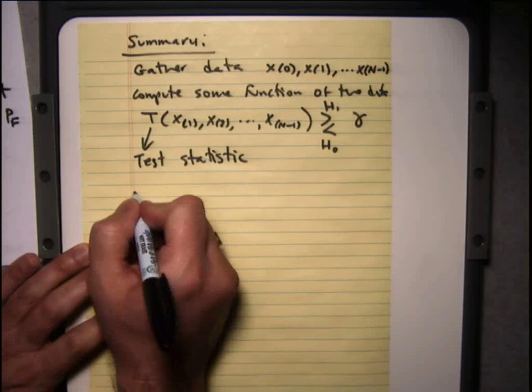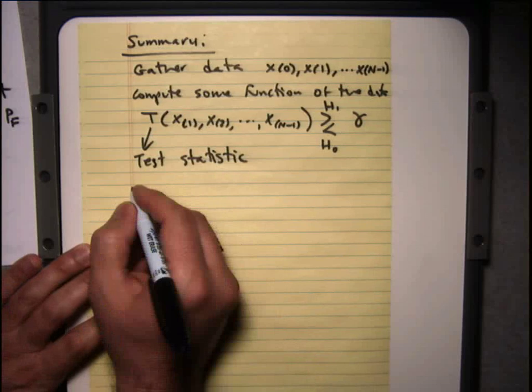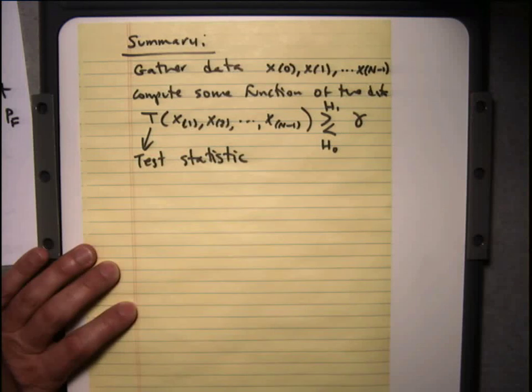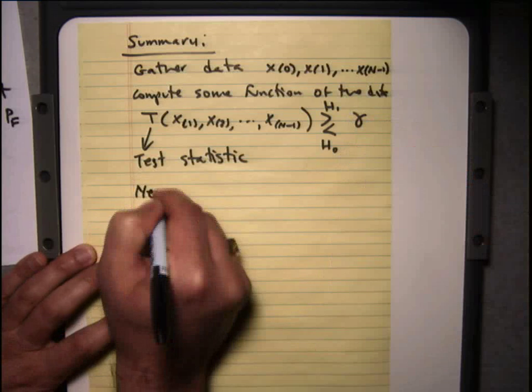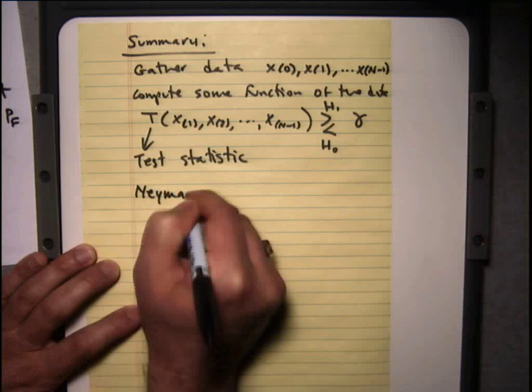Okay, so the first step of doing this is, as I said, to assume that you don't have any prior preference for H1 or H0. And the result of that is you get something called the Neyman-Pearson test, or the Neyman-Pearson algorithm. I'm going to set it up.